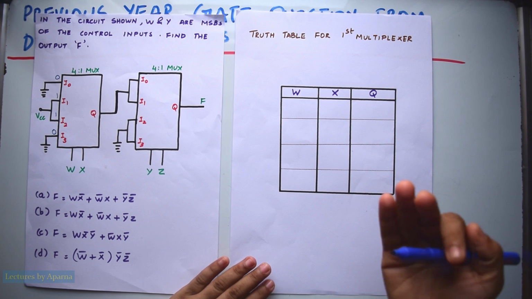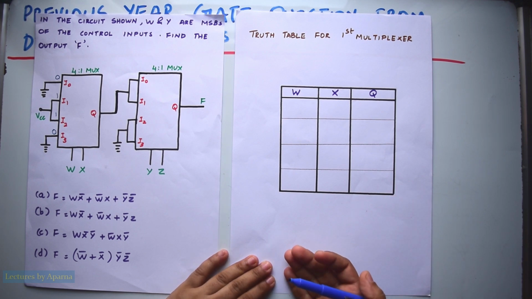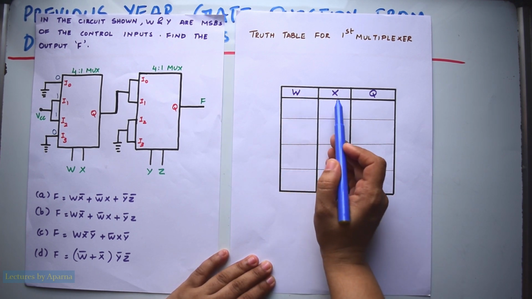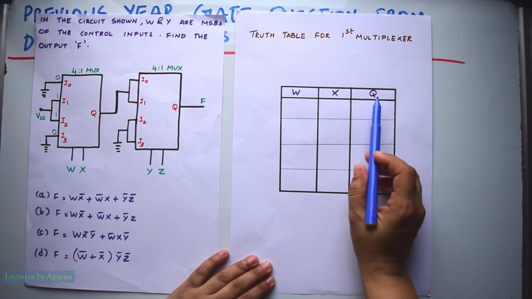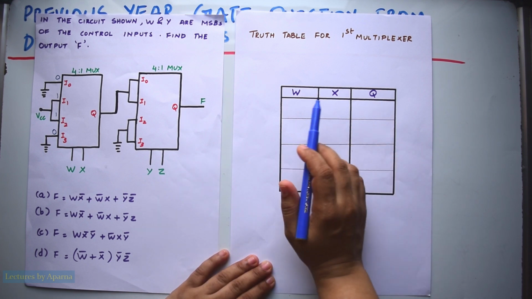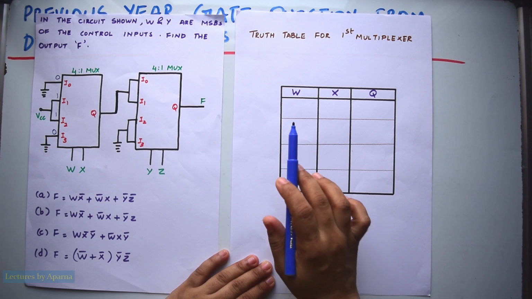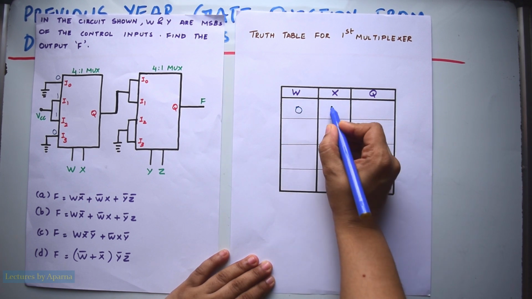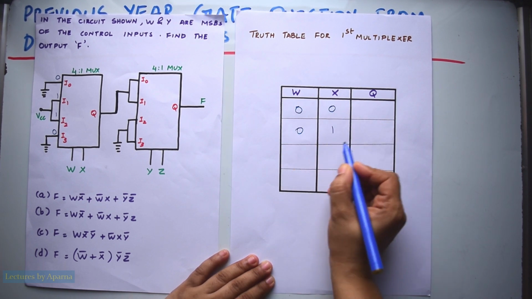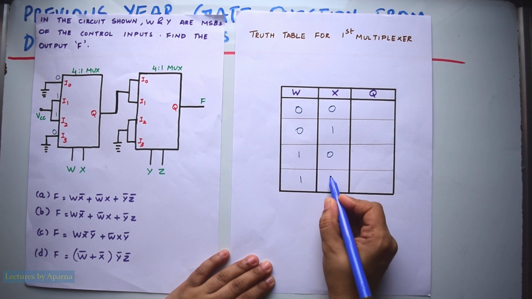So if you write the truth table of the first multiplexer, we have to write the control inputs W and X here and the output Q here. Now we have to write all combinations of the control inputs. First combination is 0, 0, next 0, 1, 1, 0 and 1, 1.